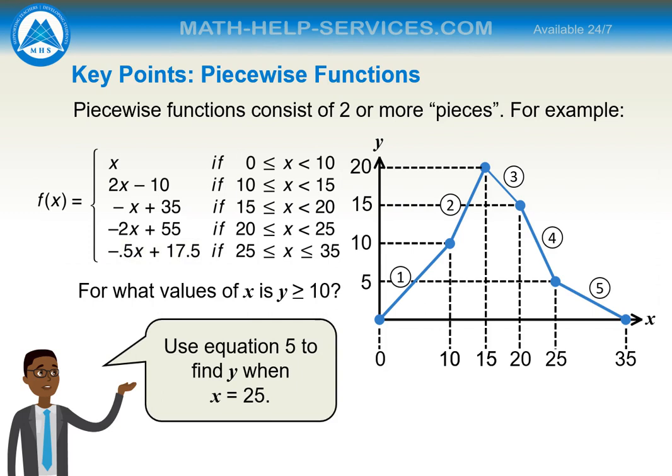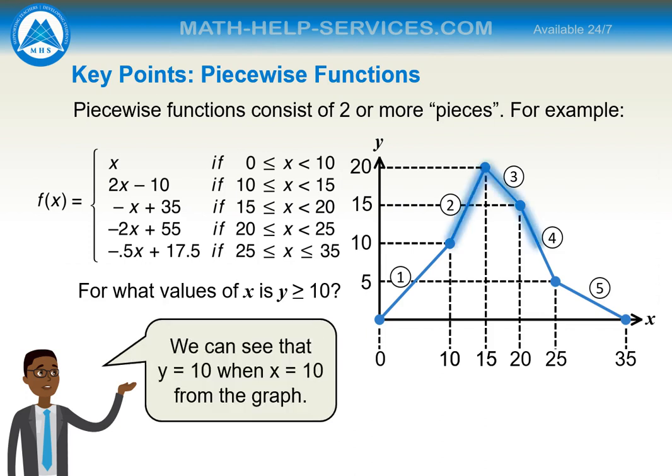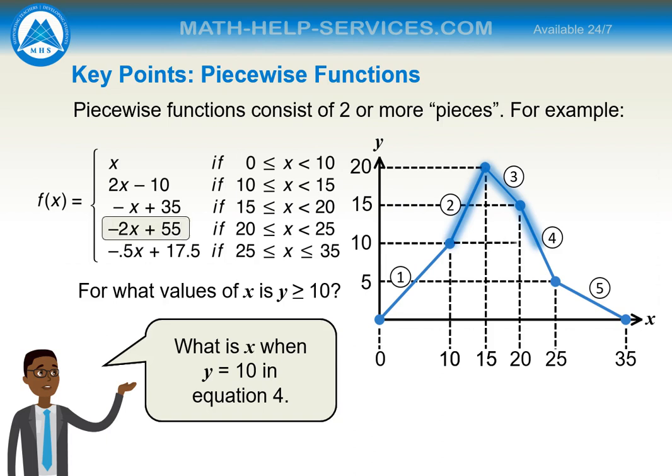For what values of x is y greater than or equal to 10? Well, that would be these values here. We can see that y equals 10 when x equals 10 from the graph. What is x when y equals 10 in equation 4?